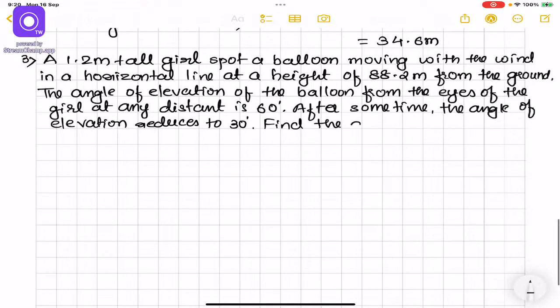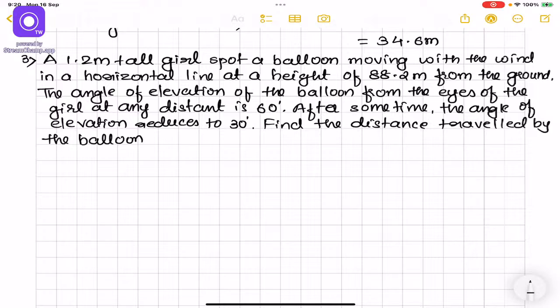Find the distance traveled by the balloon during the interval.